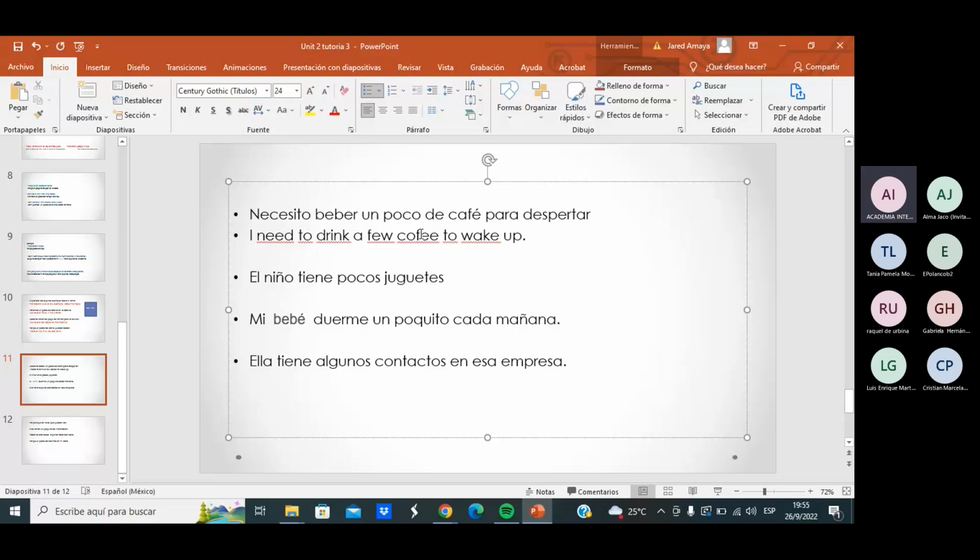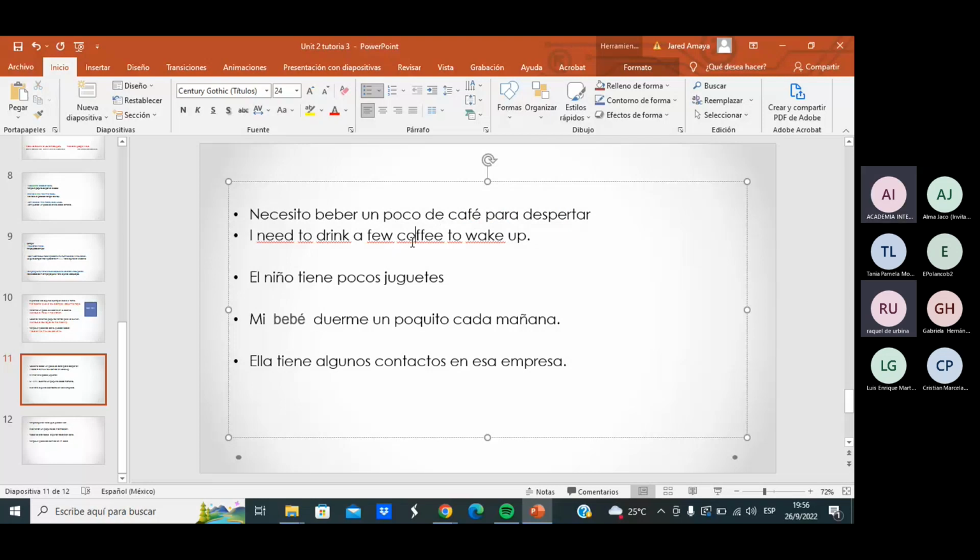Yeah, coffee is uncountable, but why are you using a few? Because a few is used with countable nouns only, not with uncountable. And coffee is uncountable.